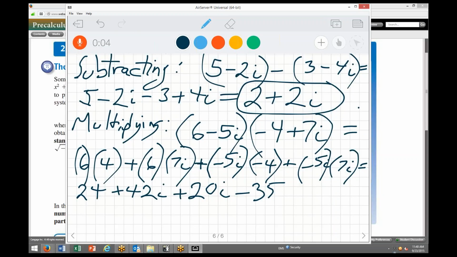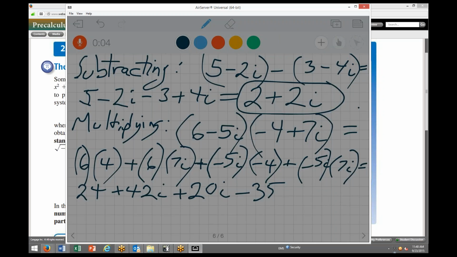So this is actually 24 plus 62i, and then negative 35 times negative 1 is plus 35. And here we go now. Our final answer then is combining the real numbers 24 and 35, which equals 59, and taking the imaginary term 62i. That is our answer.